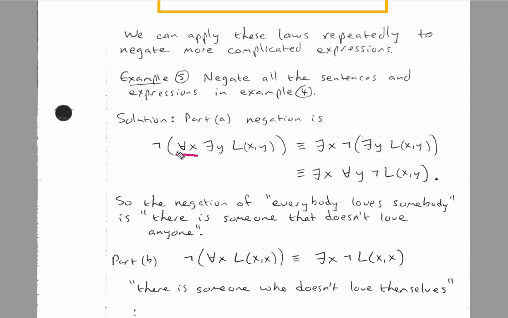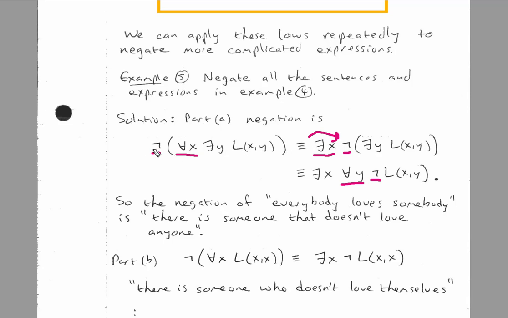Okay, so first we negate this, so that for all x turns into there exists an x, and then the not ends up here. And then we have to negate this inside piece. So this there exists y turns into for all y, and the negation moves to the other side.